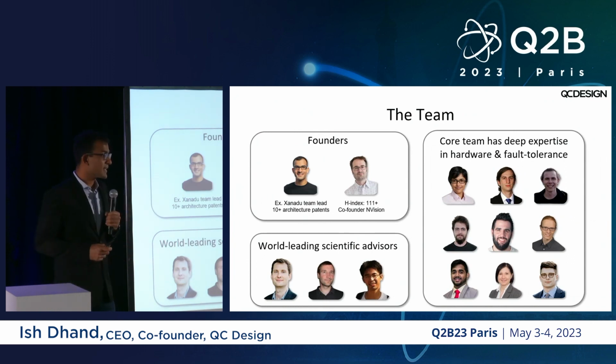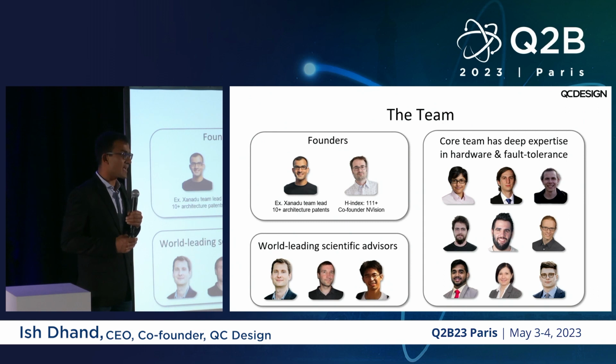Building fault tolerance architectures needs a team with very rare expertise. Previously, I worked at Xanadu, where I headed the architecture team, and we were able to develop the first concrete blueprint for fault tolerance with photonics. Our co-founder, Martin Plenio, is a world leader in quantum technologies.